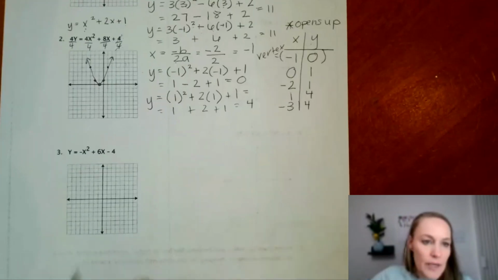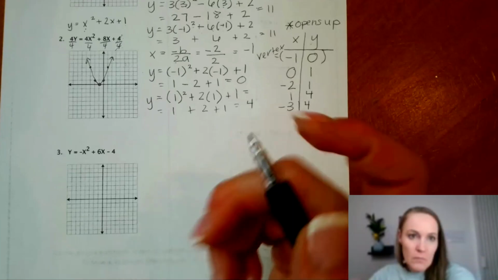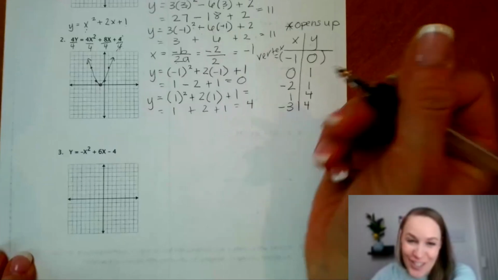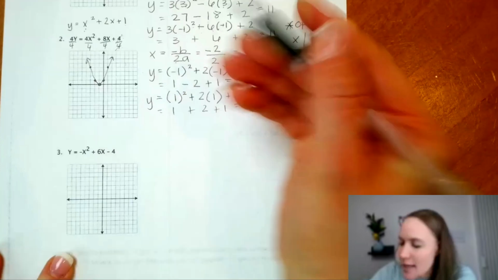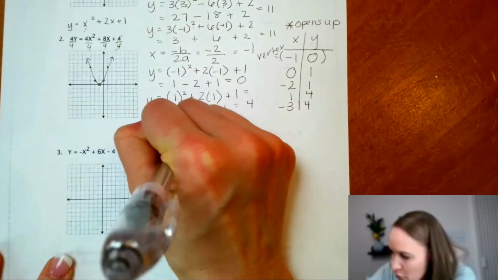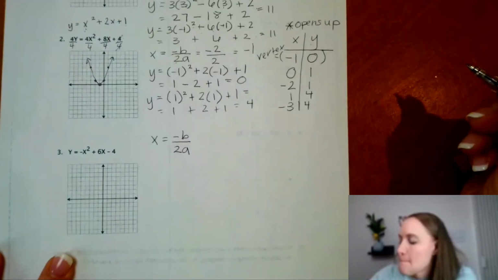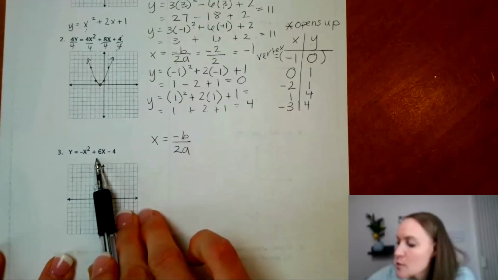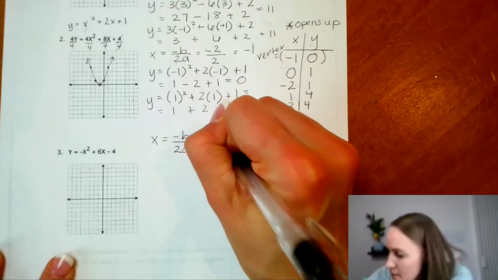Okay, so here we are at problem number 3. We need to find the vertex first. So we have x equals -b over 2a. Opposite b over 2a. So my b value is going to be 6. And I have an opposite 6.